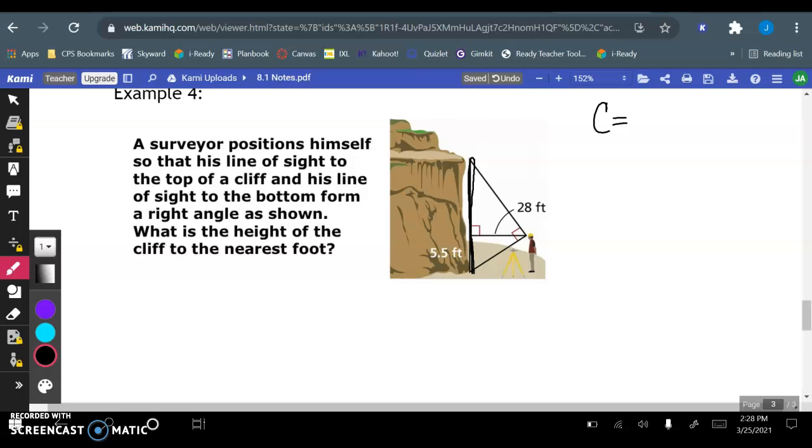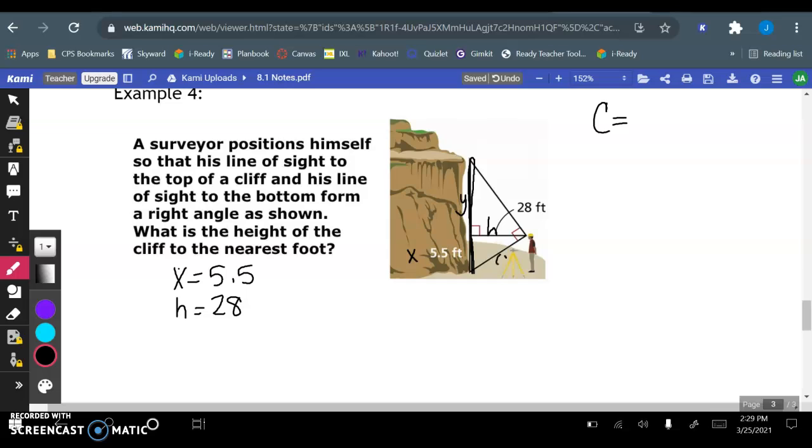So remember, in our triangle, the shortest side back here is x, which we right now know is 5.5. So x equals 5.5. h is our altitude. So right now we know that h is 28. This longer leg here, this piece is y.